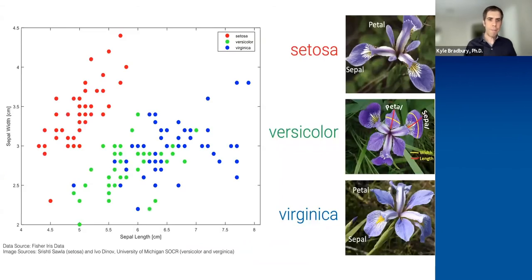So we can plot each flower as an individual point in what's known as feature space, just a plot of our different characteristics along the x-axis and y-axis. And we can see that the setosa tends to have different characteristics than virginica and versicolor in terms of sepal length and sepal width, but there's some stronger similarity between versicolor and virginica.